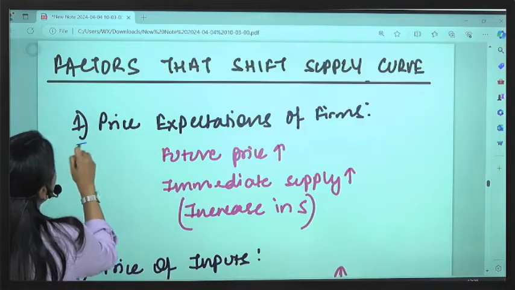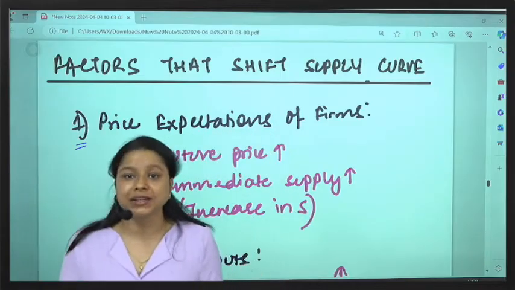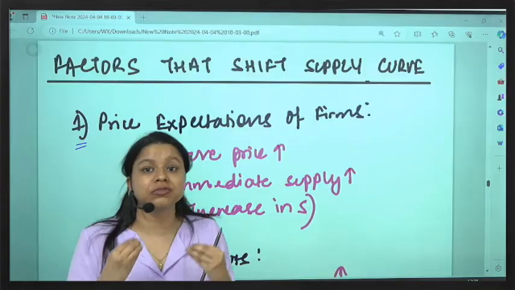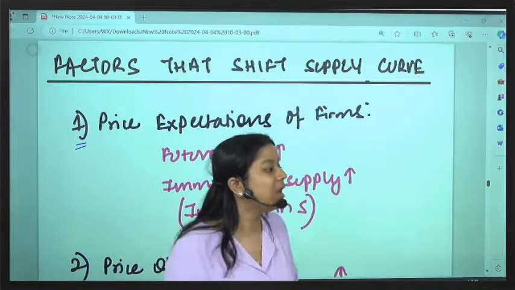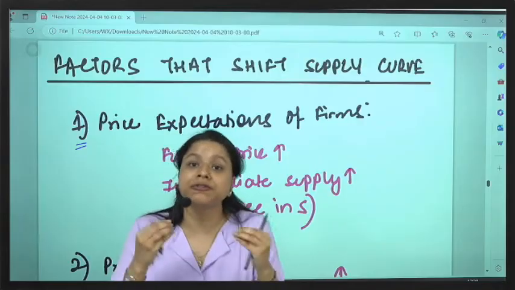Now the first factor is price expectation. Just like we did expectations for the demand, the price expectation from the consumer's point of view, similarly we have price expectations from the firm's point of view.